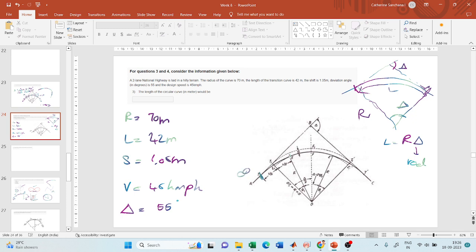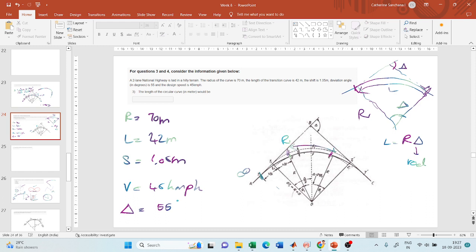Now this is the end of the transition curve, its radius is R. So the radius is changing from infinity to R, which means this radial distance is not constant. It is changing with the length of the transition curve. Now you are asked to find out the length of the circular curve, which means you have to find out the length of only this distance.